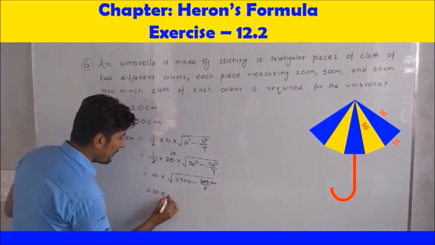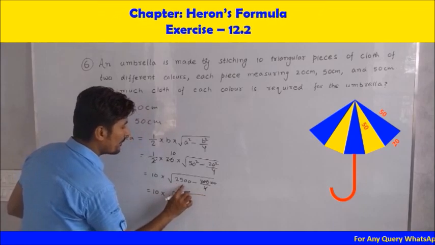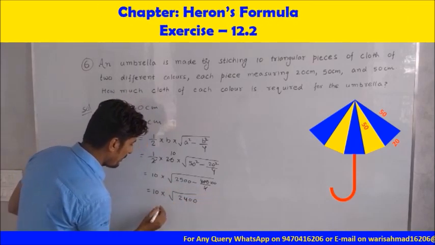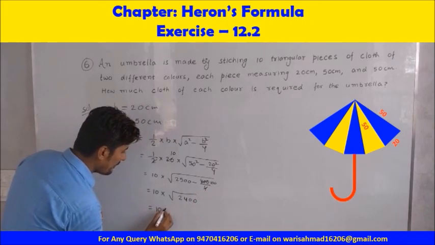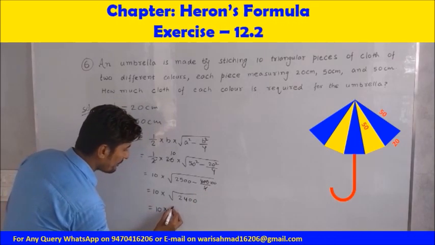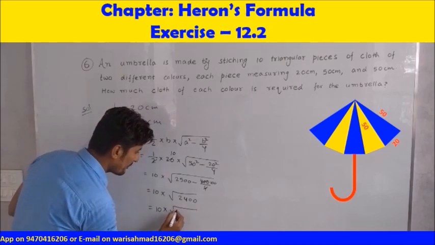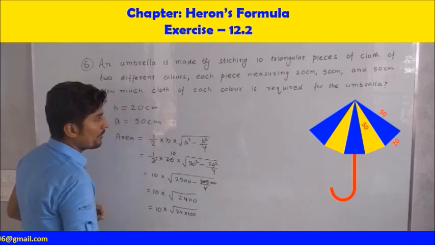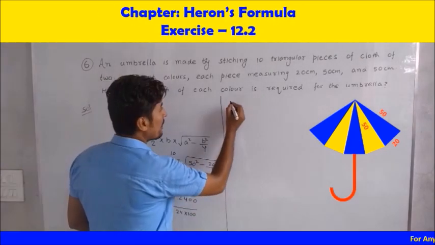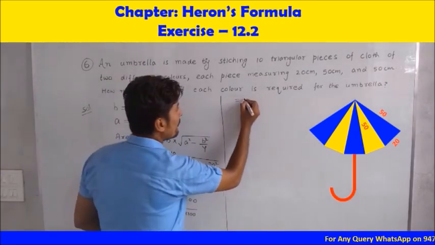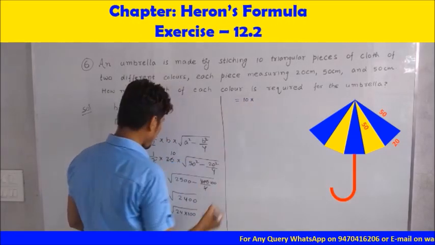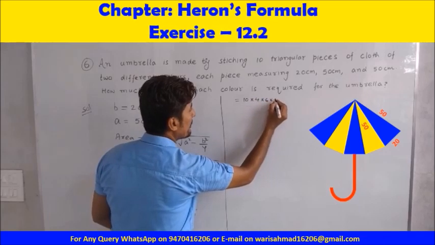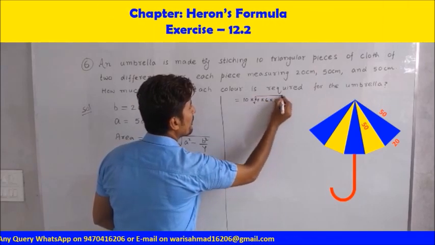Now 10 multiplied by 2500 minus 100 will be equal to 2400. Now here we can write 10 multiplied by root of 24 multiplied by 100, or 10 as it is, multiplied by, in place of 24 we write 4 into 6 multiplied by 100 under root.